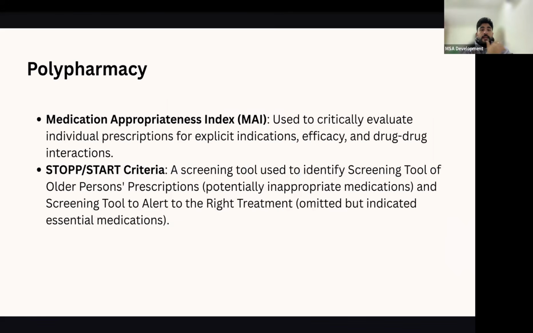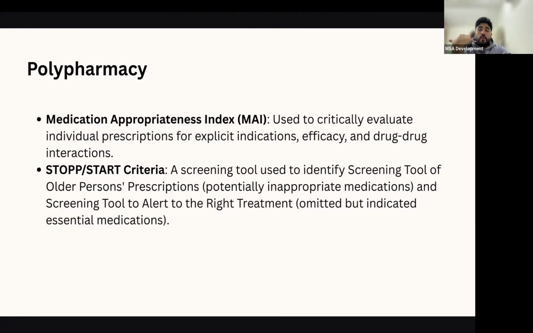Now polypharmacy: the slides did not define what polypharmacy is or the impact on geriatric patients. However, I'm just going to tell you a few things in case they pop up. Polypharmacy is basically when you give multiple medications at the same time to a patient.